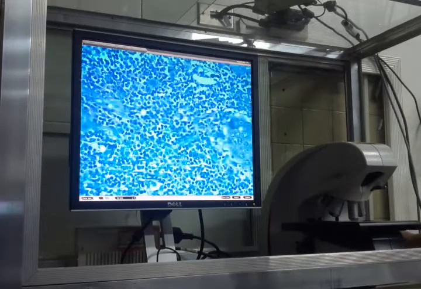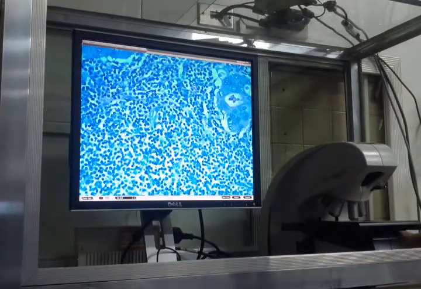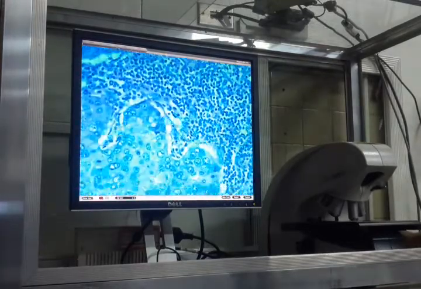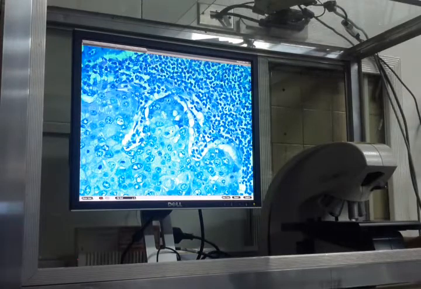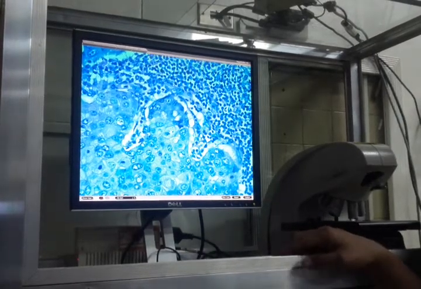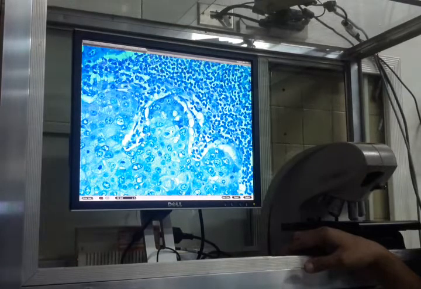By virtue of metastasis. So the primary lesion is elsewhere. And it so happens that that primary lesion eroded into a lymphatic channel, and some of the cells went with the lymph flow and lodged into this poor lymph node.